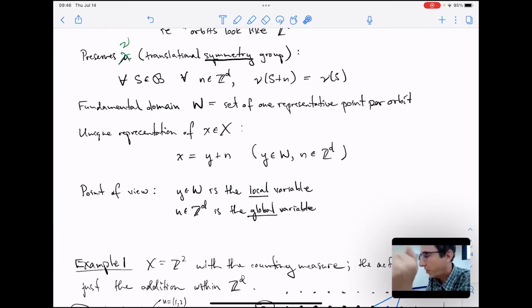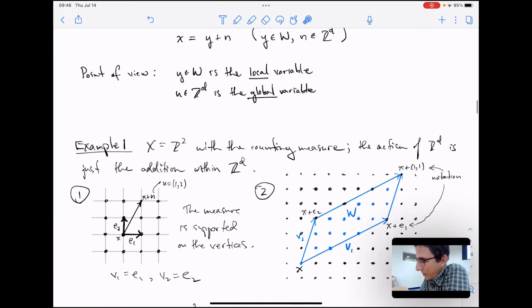And so you can represent any point in the space by an element of the fundamental domain plus an integer shift. Okay, a unique way. This is actually important in applications because there's a certain interpretation here. We often think of the y in this fundamental domain as being a local variable and the n as being a global variable. Let me show you what I mean by that in this example.